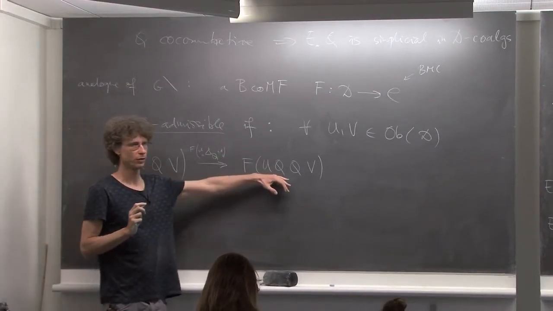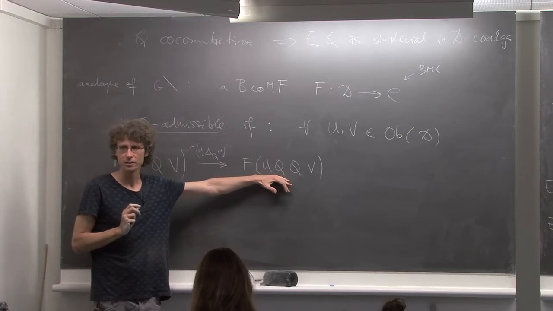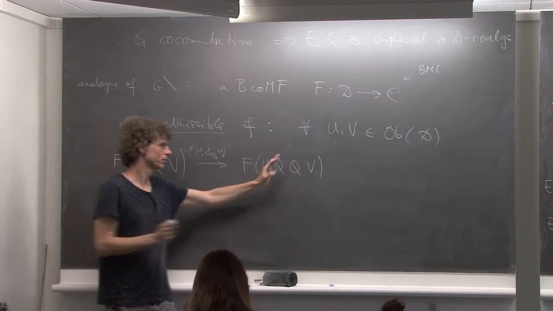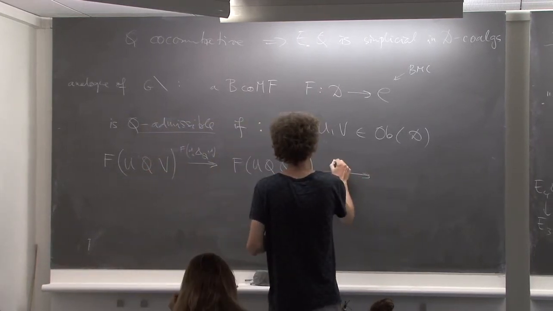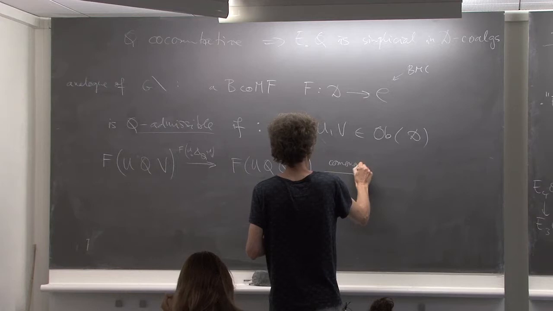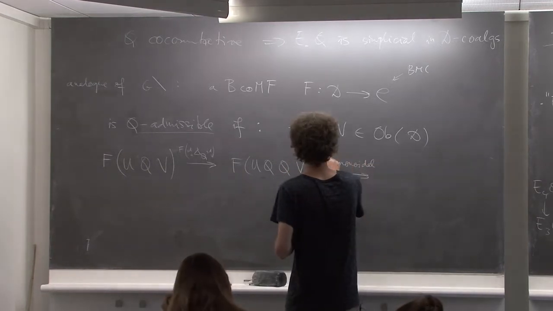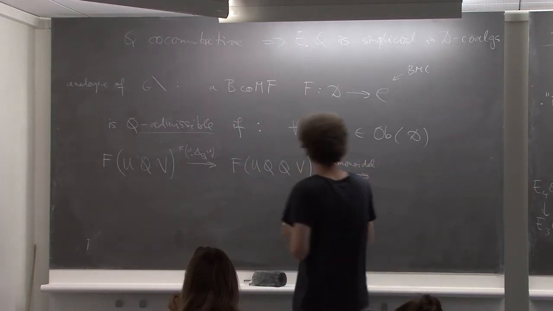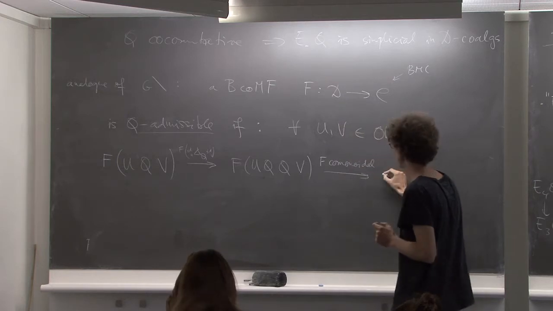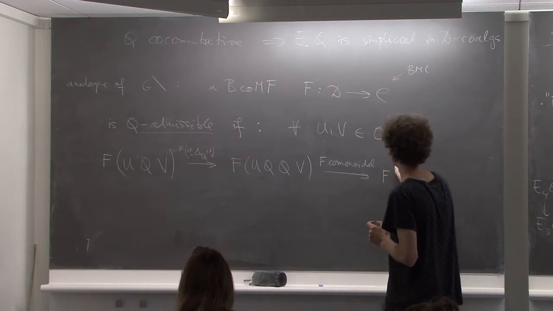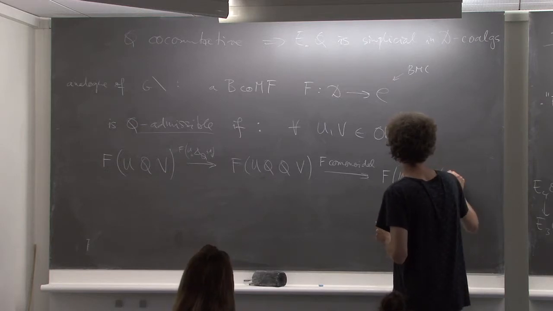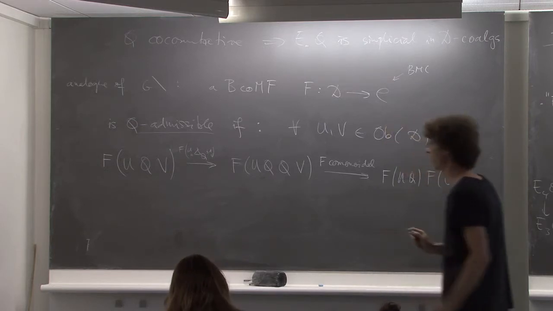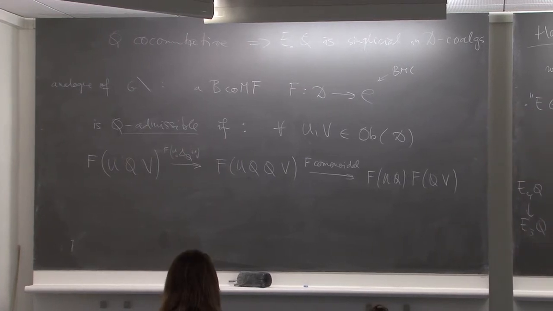And now our functor is co-monoidal. Co-monoidal means that we can split things. So F is comonoidal. It means that we can do this: F of U, Q, F of Q, V. So this is cool.